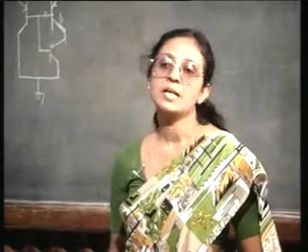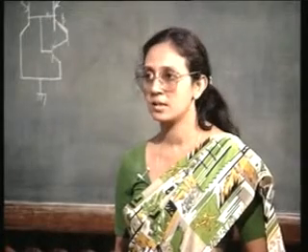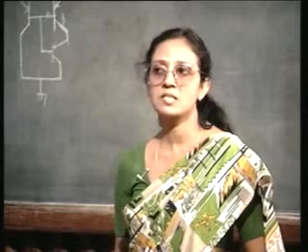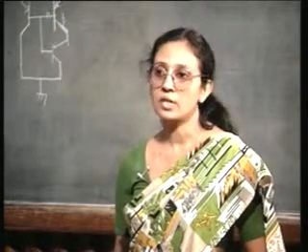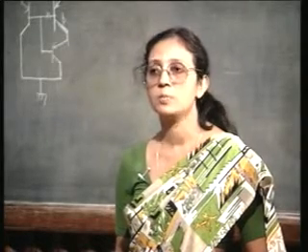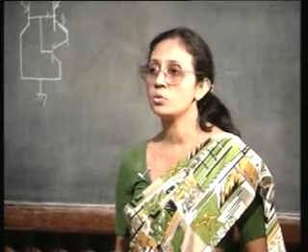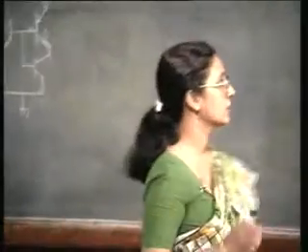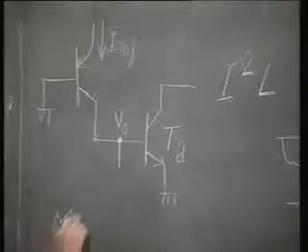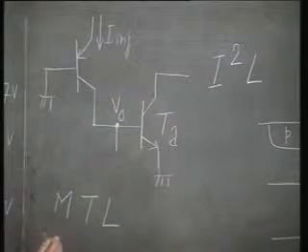In other words, these two transistors are going to share certain regions. These two transistors are not going to be two distinct entities, they are going to share certain regions, or in other words, these two transistors will be merged. I will have a composite structure in which two transistors will be merged together, which gives I square L its other name, merged transistor logic.